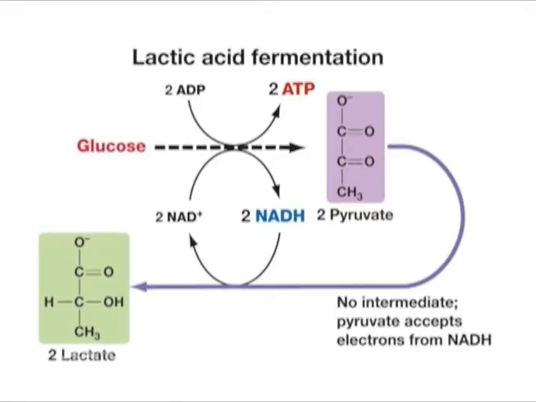The second route for pyruvate is its reduction to lactate via lactic acid fermentation. Vigorously contracting skeletal muscles under hypoxic conditions reduce pyruvate to lactate, accepting electrons from NADH and thereby generating NAD+ necessary for glycolysis to continue.